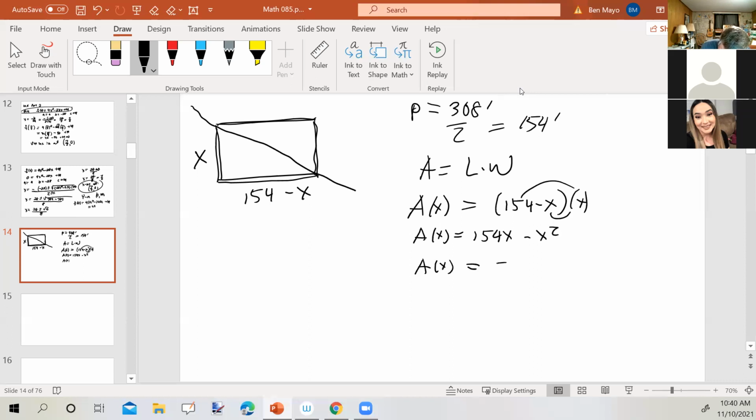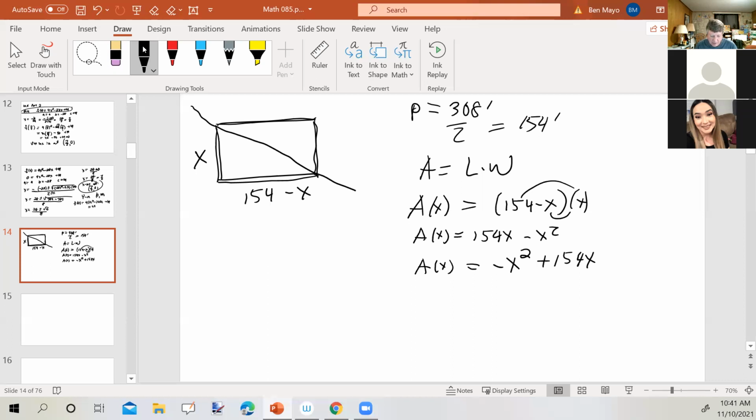A of X is negative X squared plus 154X. I'm just putting it in standard form. So that's the function that describes the area as it relates to X.